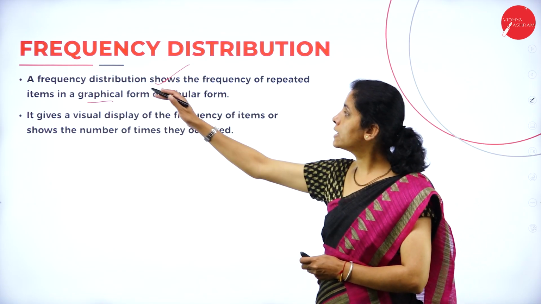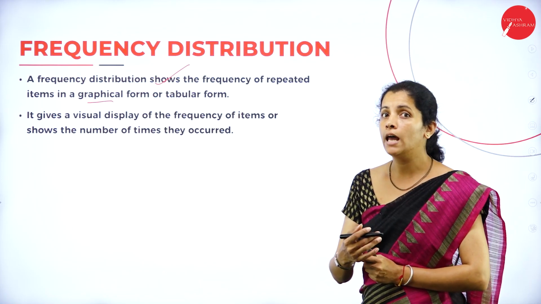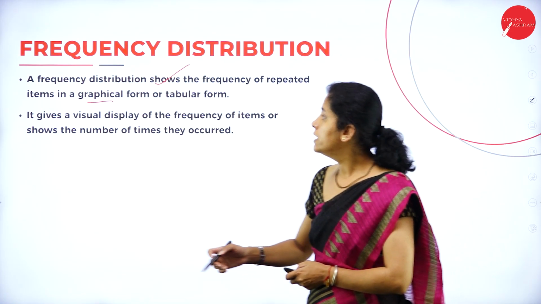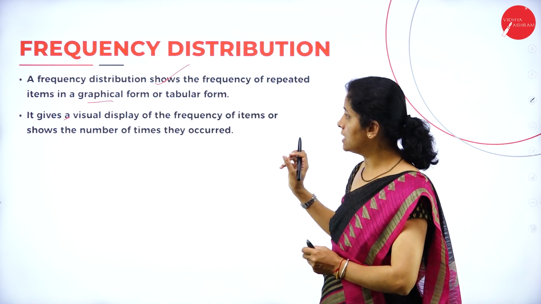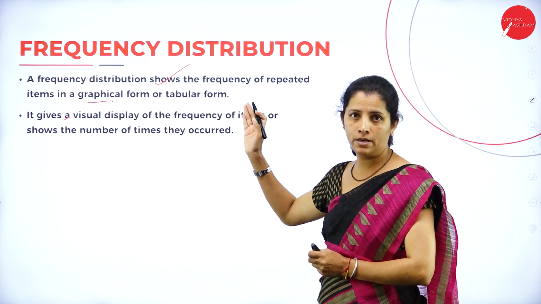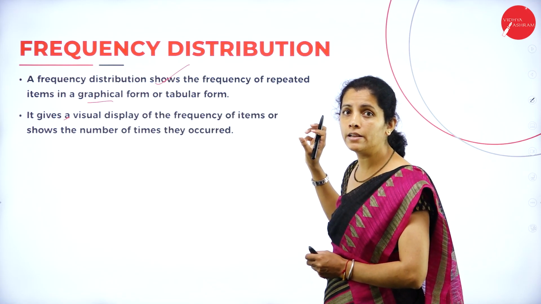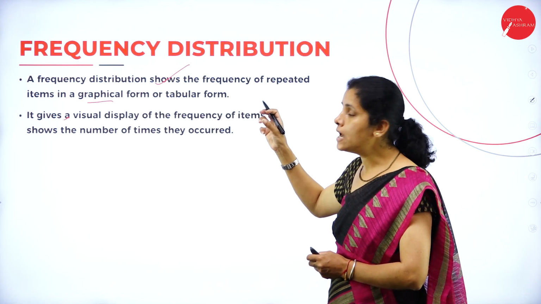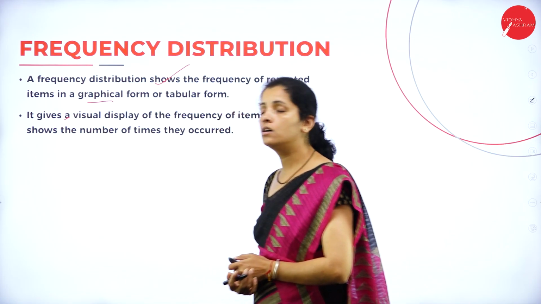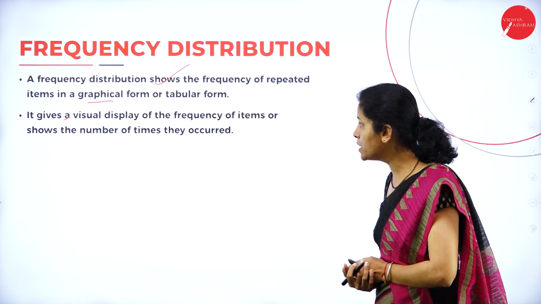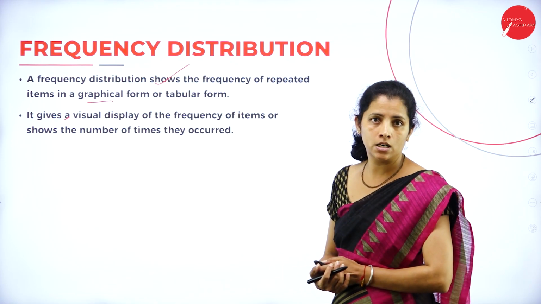If I consider graph, I can have pie chart, bar chart, line chart, etc. It gives the visual display. By seeing the table or graph, I can identify the frequency as well as repetition of the numbers. It gives a visual display of the frequency of item or number of item they occurred.